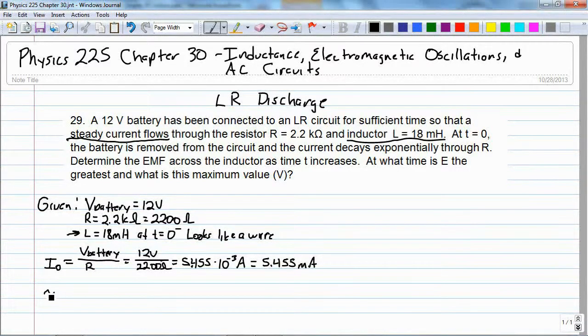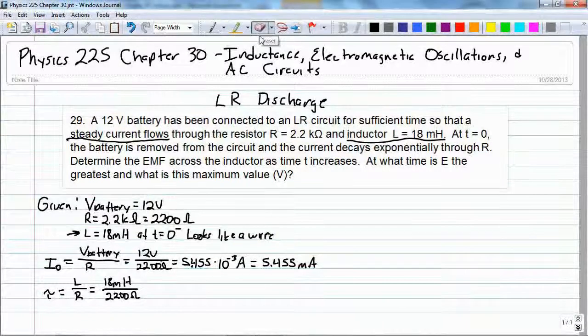The time constant, tau, is going to be equal to the inductance divided by the resistance, and that's 18 millihenries over 2200 ohms. And 18 millihenries, we can rewrite that in terms of henries.